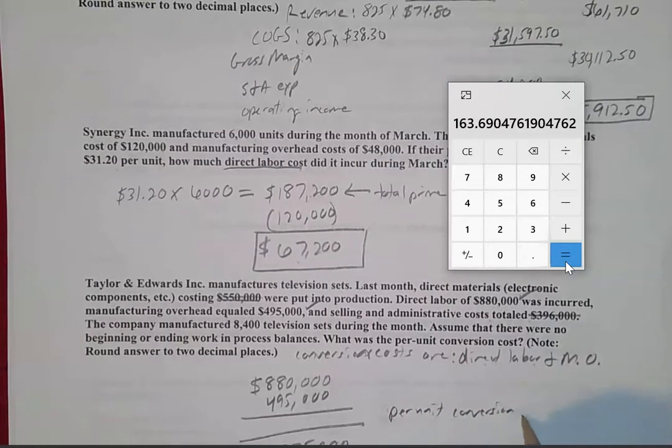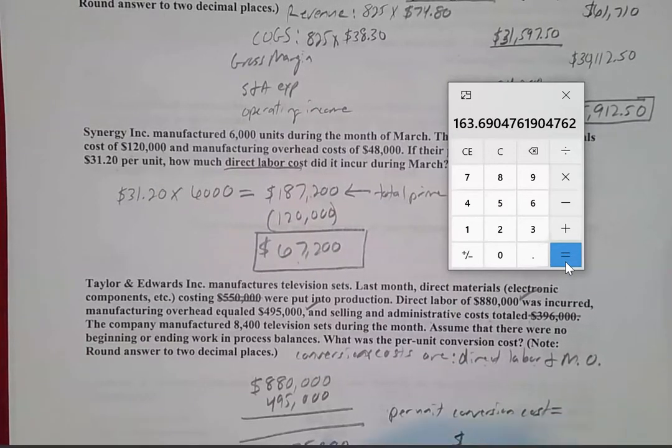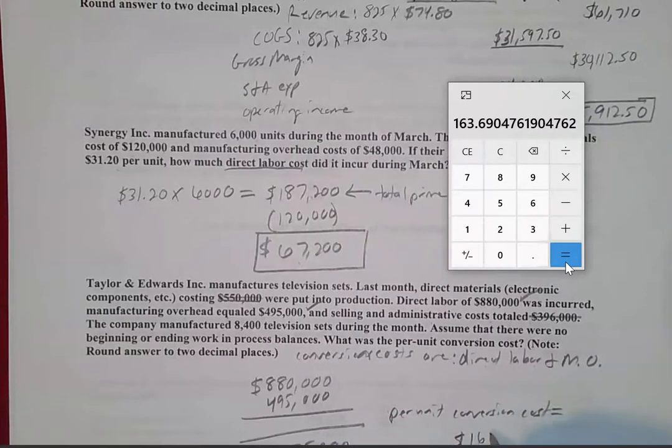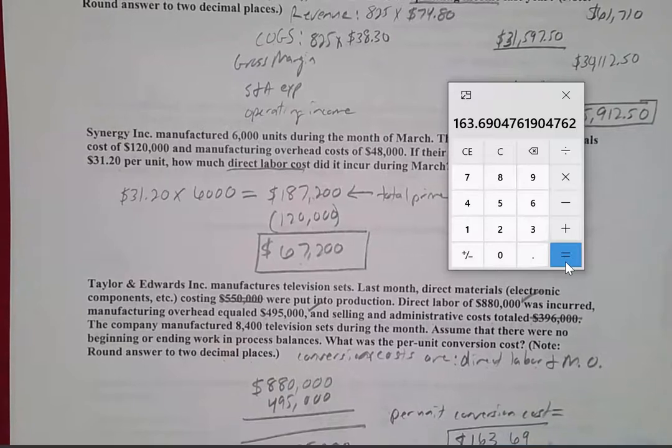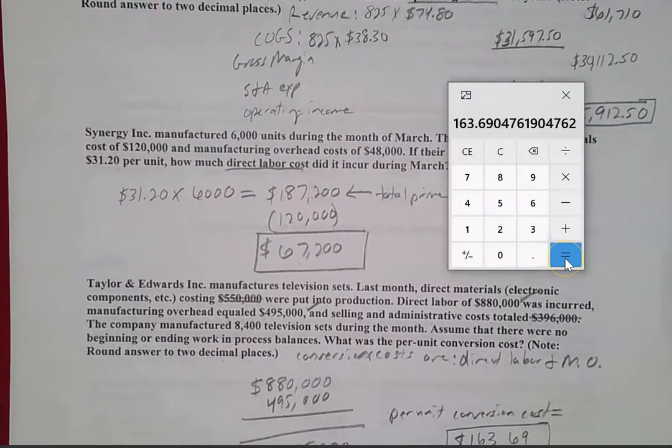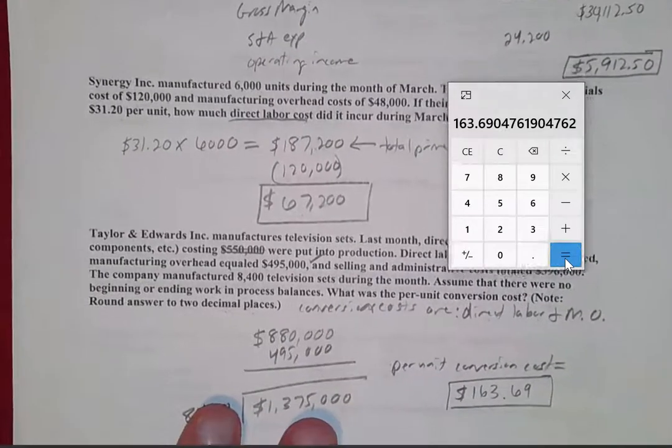Conversion cost is $163.69, following the instructions. There it is. Whoops. Let me move that up for you a little bit so you can see that.